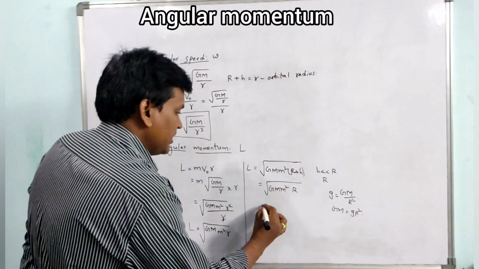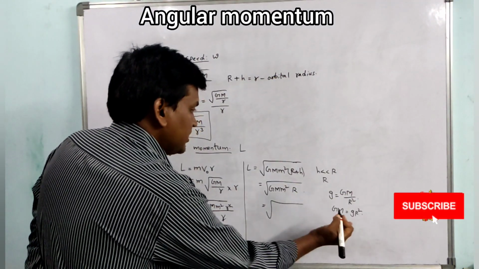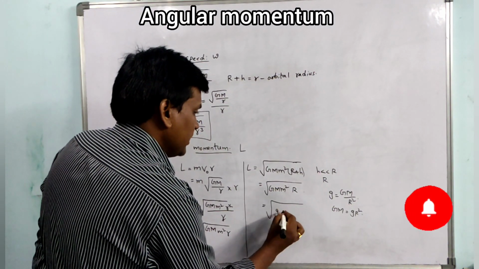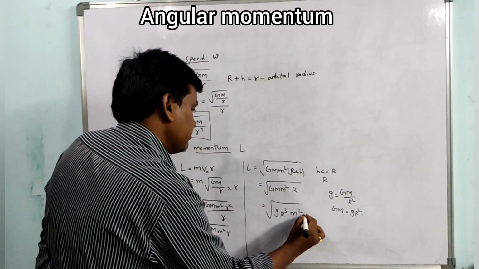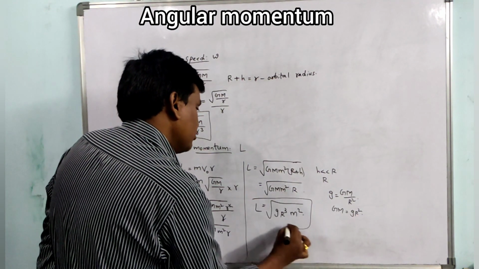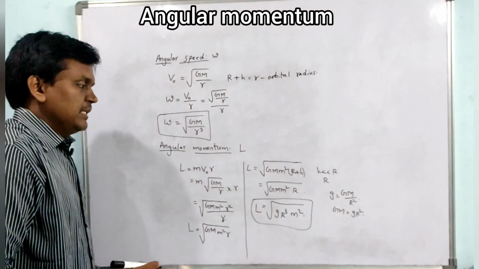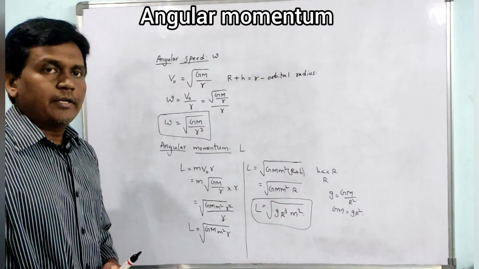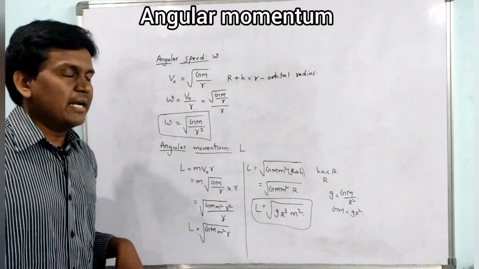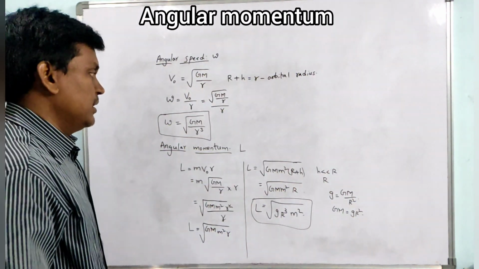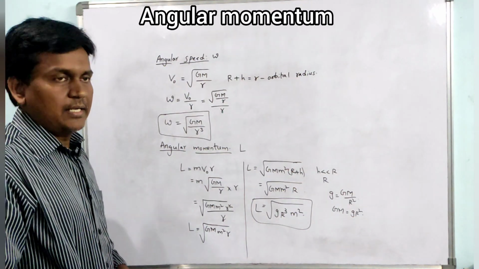So instead of GM we can write gR squared. Here one more R is there, so gR cube m squared. So the angular momentum L equal to root over gR cube m squared. All these formulas can be considered for the angular momentum of an orbiting satellite.